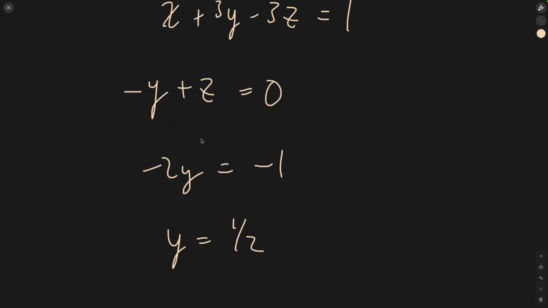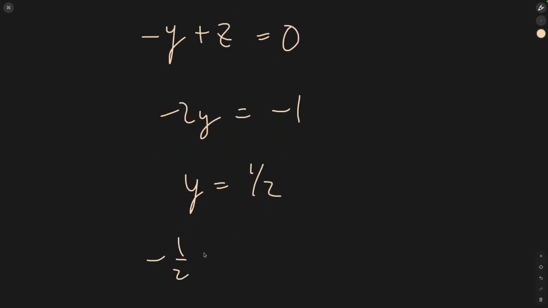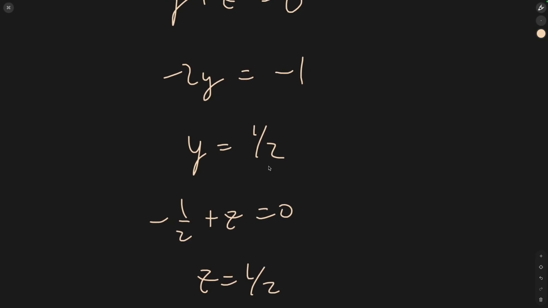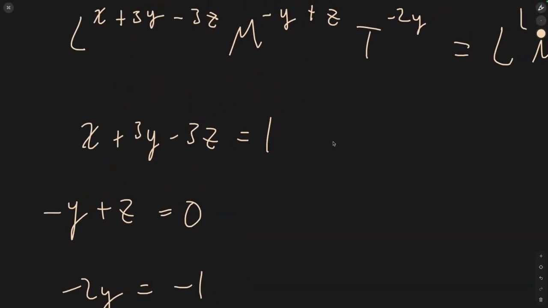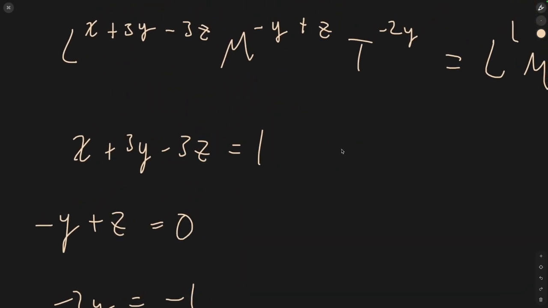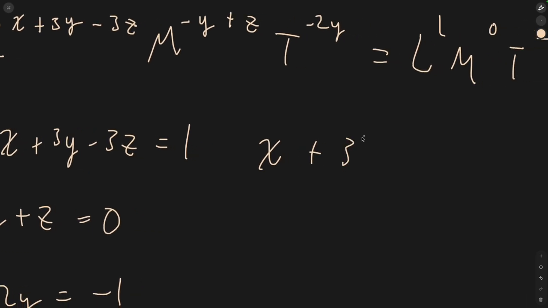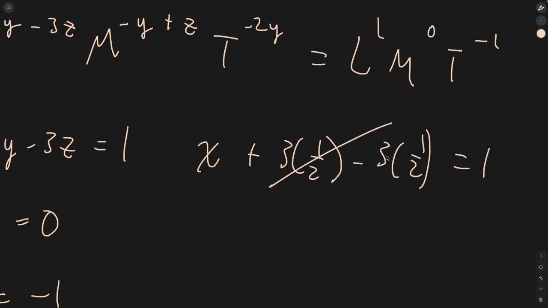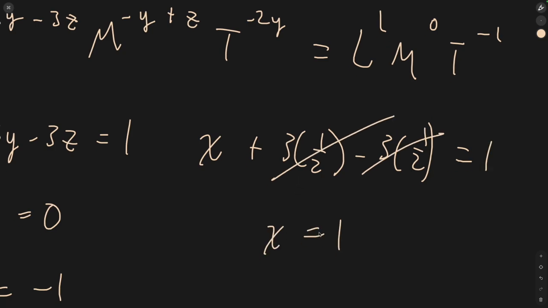You can put y in here. Negative 1/2 plus z equals 0. Z is a half. And put a half and a half in for here. X plus 3 times a half minus 3 times a half equals 1. These cancel and x equals 1.